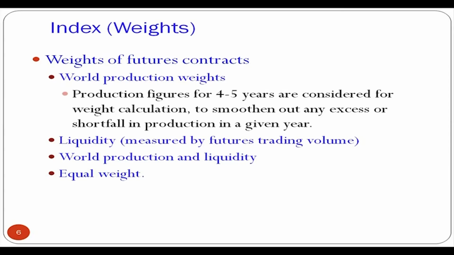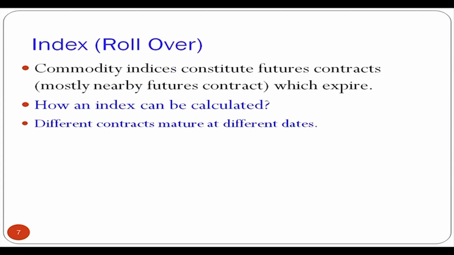So as you can see, the third measure of weight could be world production and liquidity combined together, and the fourth one is the equal weight. Now let's go to the next concept, which is the index rollover mechanism. How do indices get rolled over?